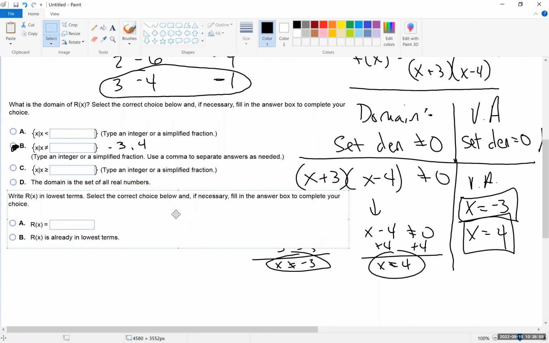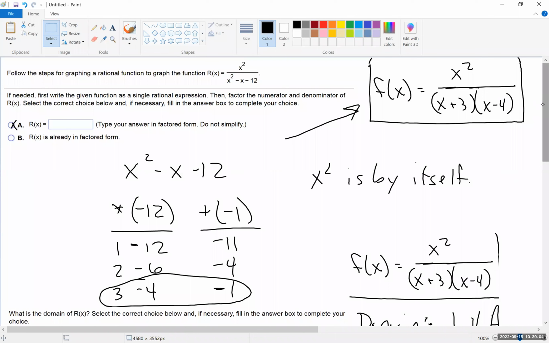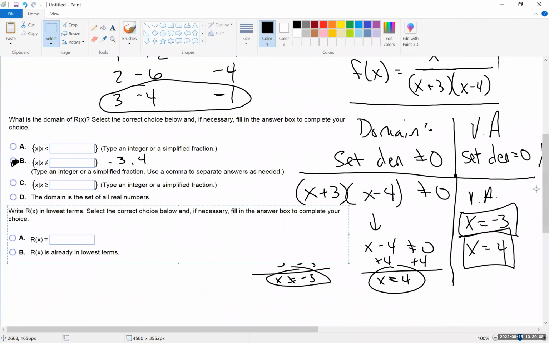So they want you to cancel if there's anything that can cancel, but there's nothing here that can cancel, right? So this third part is, does anything cancel? Because if anything cancels, you're going to have a hole in your graph. Nothing cancels on this one.